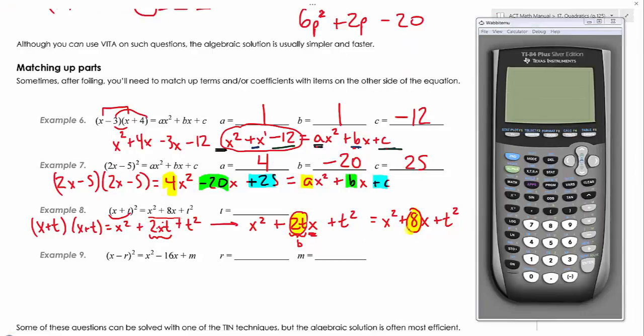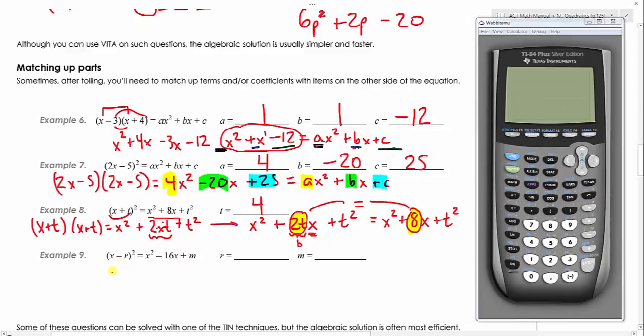They are both the coefficients in front of the x term. So now what this means is that 2t equals 8. These two equal each other. 2t equals 8. We divide by 2, and we get that t equals 4. So that's how we do that one. We find that the 2t and the 8 are the b's that match up, and then we have our t value.